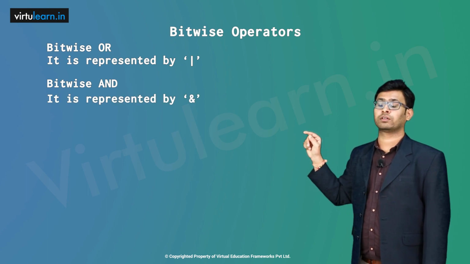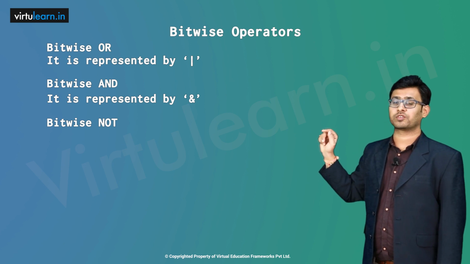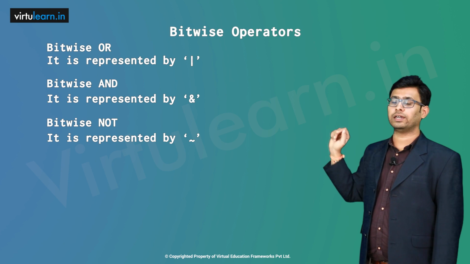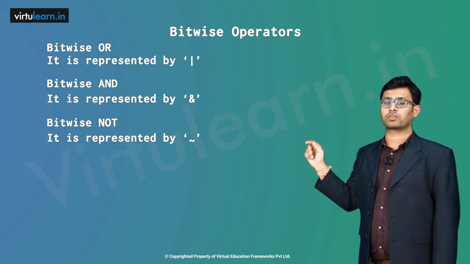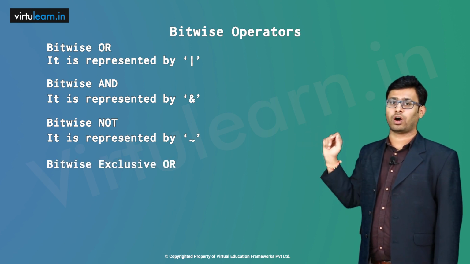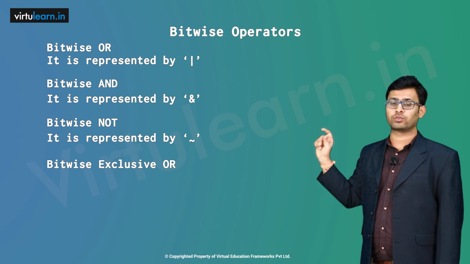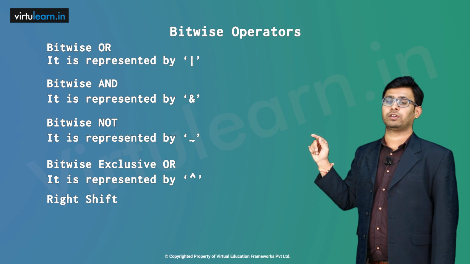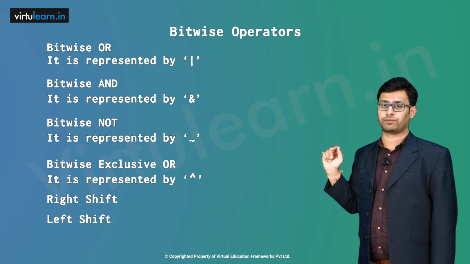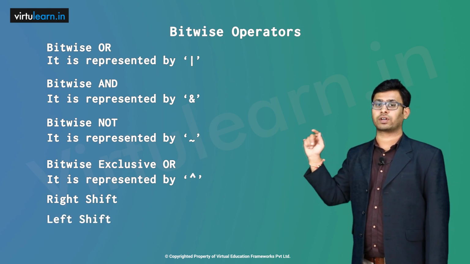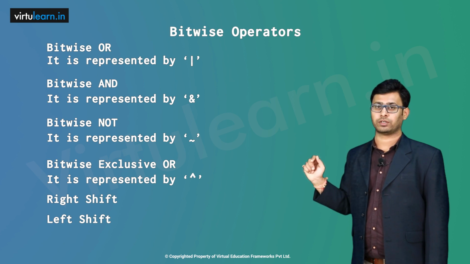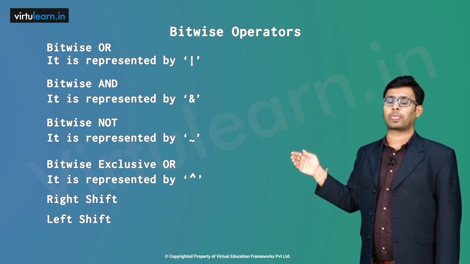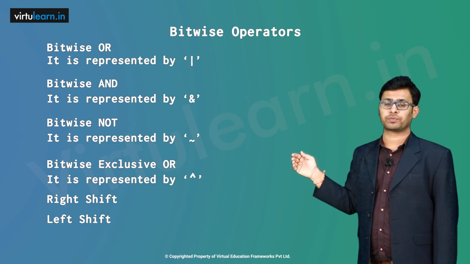Next, bitwise NOT, represented by the tilde sign. Next, we also have exclusive OR. And next, we also have right shift and left shift. So these are all the different operators which come under bitwise operators.